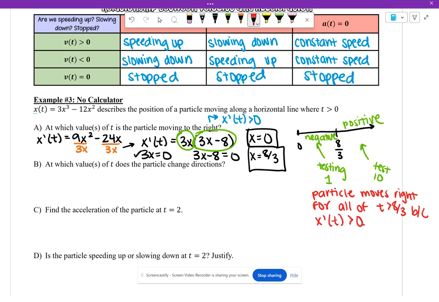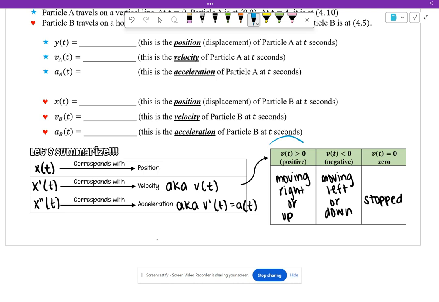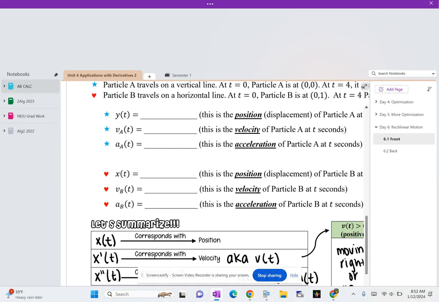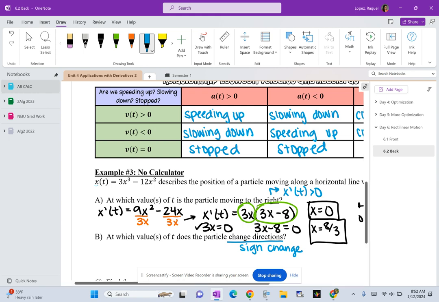Awesome. Okay. At which values of t does the particle change directions? So for here, we are looking for a sign change. The reason we're looking for a sign change is because if we remember back to this table, when velocity is positive, it's moving right. When velocity is negative, it's moving left. So whenever we've got a sign change, that tells me that I've got a change in direction as well.